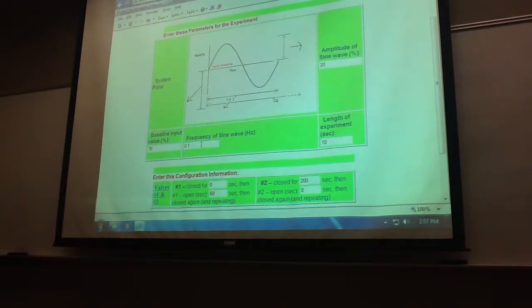Your initial frequency? 0.2. And which region of the operating range are you using? What's the lowest percent and the highest percent of your SSOC?